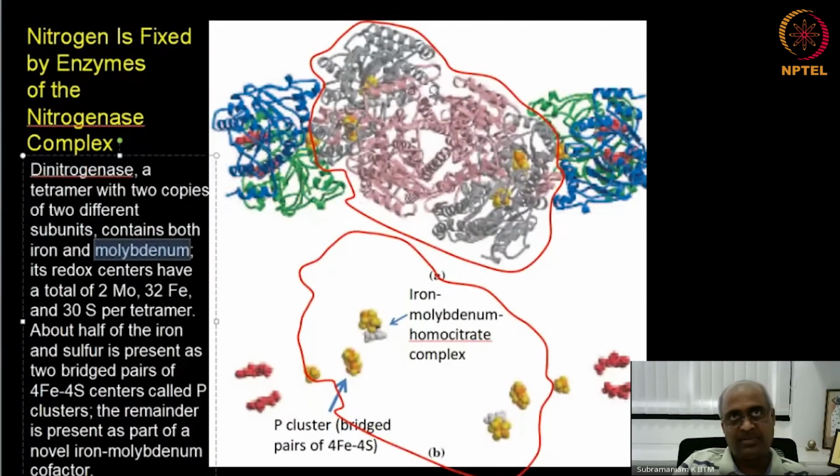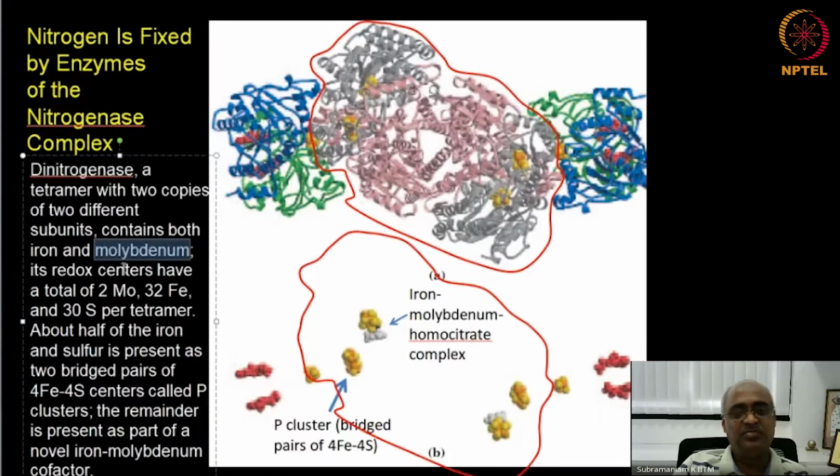I don't think we are going to encounter any more new metal ions in our biochemistry course, although cobalt plays a role in vitamin B12, but we are not going to discuss vitamin B12. The rest, all the metals you have already encountered. So molybdenum is the latest you are seeing here.